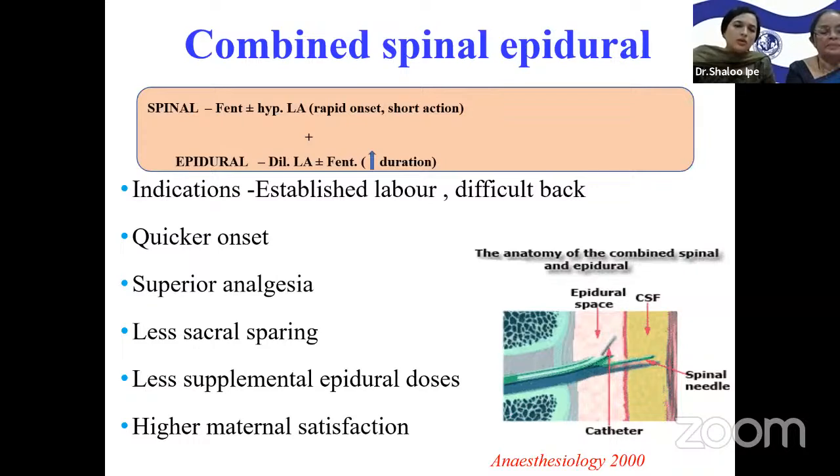Indications are when you are approached for an epidural in late established labor or when there is fast progression of labor. In comparison to a conventional epidural, with a CSE, there is quicker onset and superior analgesia. There is less sacral sparing and higher maternal satisfaction. One disadvantage is that the epidural cannot be tested until the spinal analgesia wears off.